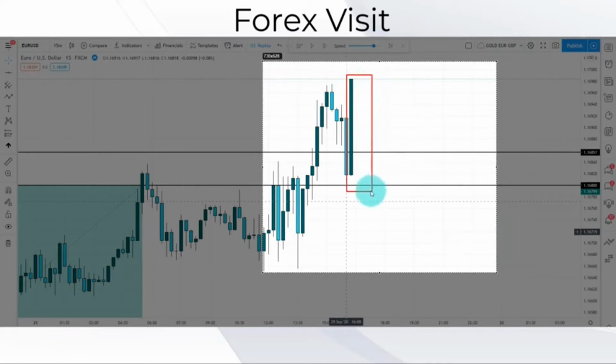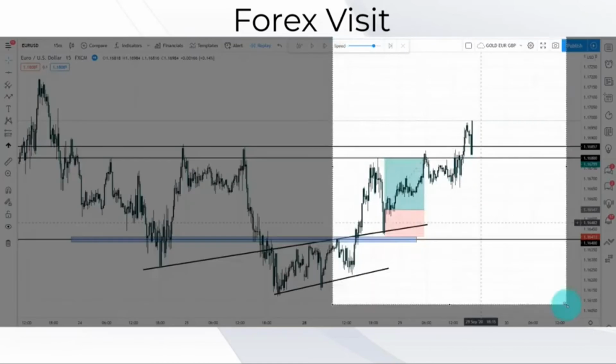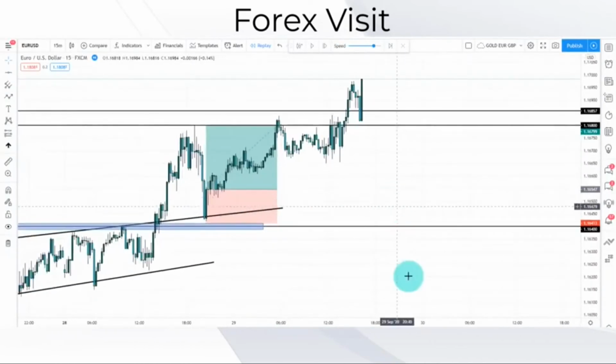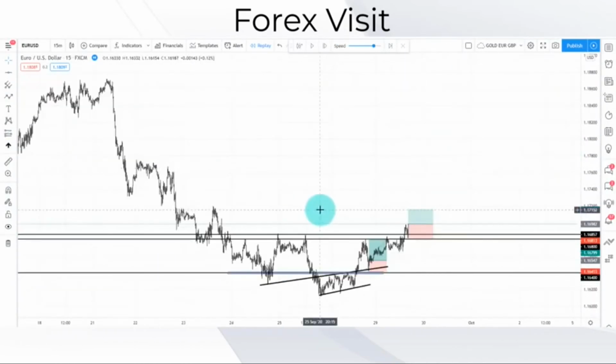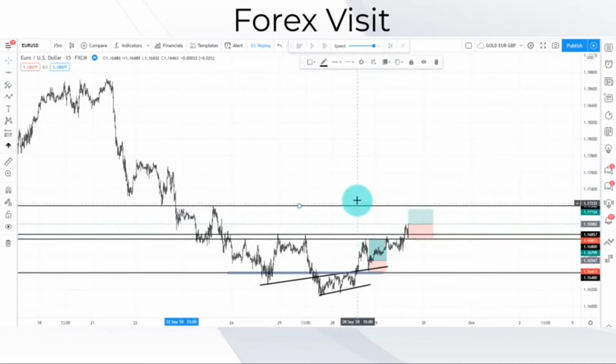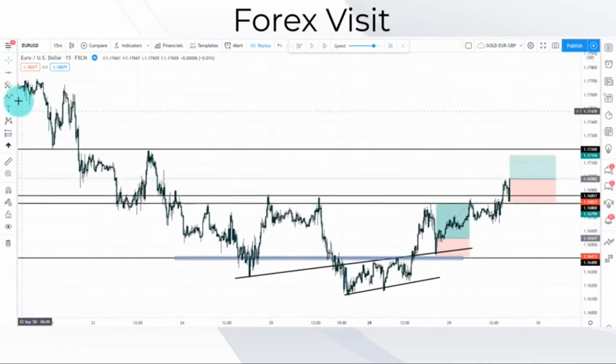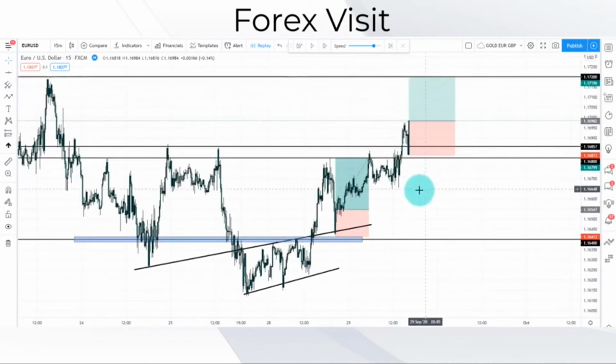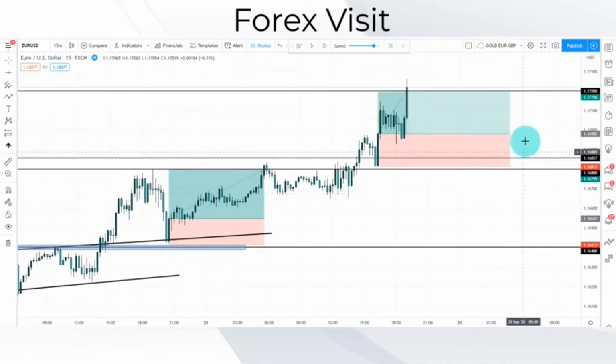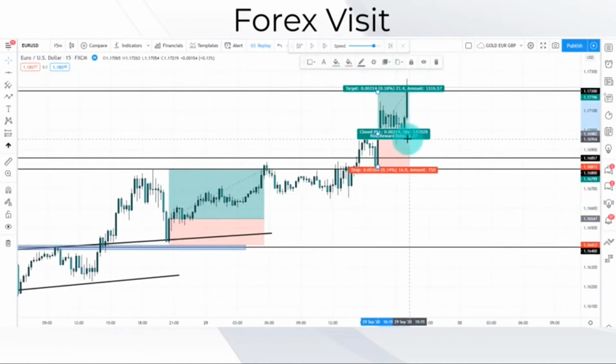So here we place a buy trade. We won this trade too.